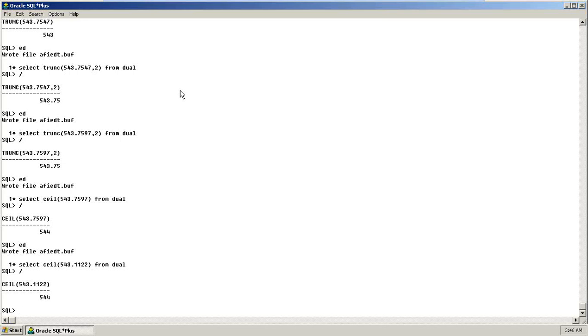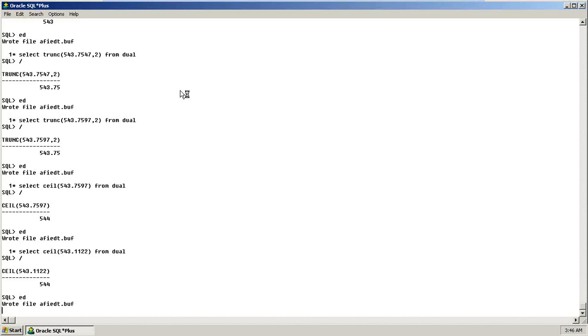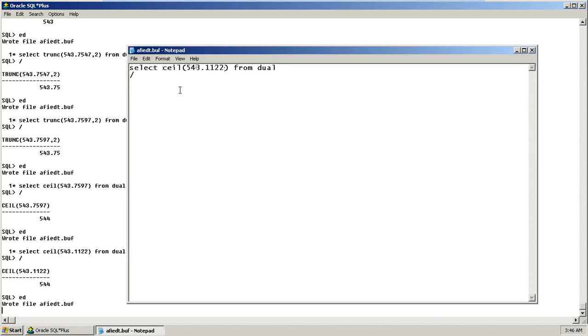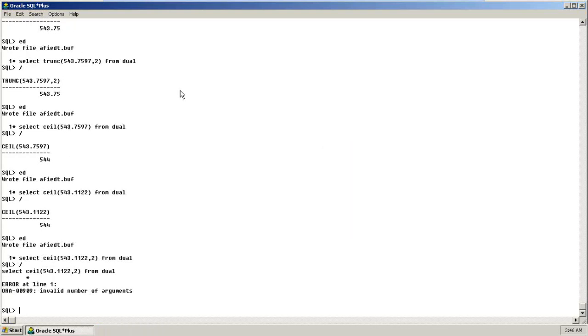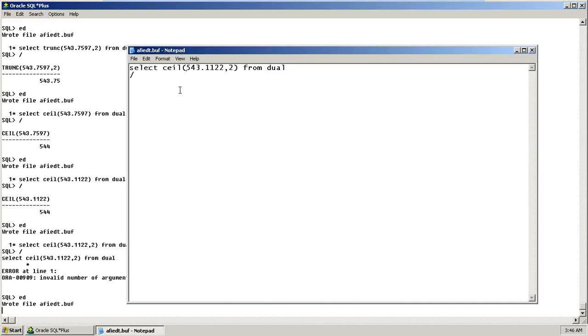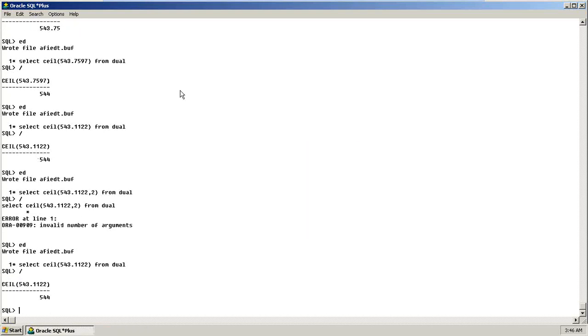If you want to make it for 2 decimal digits, it is not possible. Decimal digits are not possible in ceil. It just eliminates the decimal digits and takes the ceil value, that is possible.